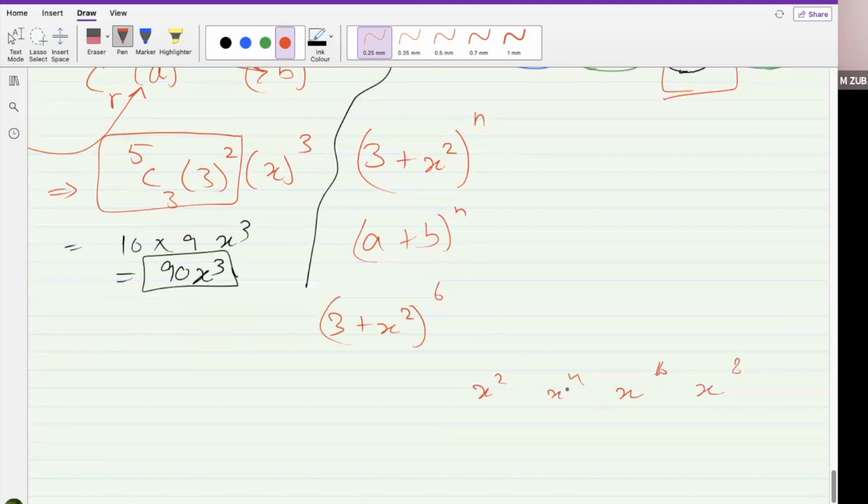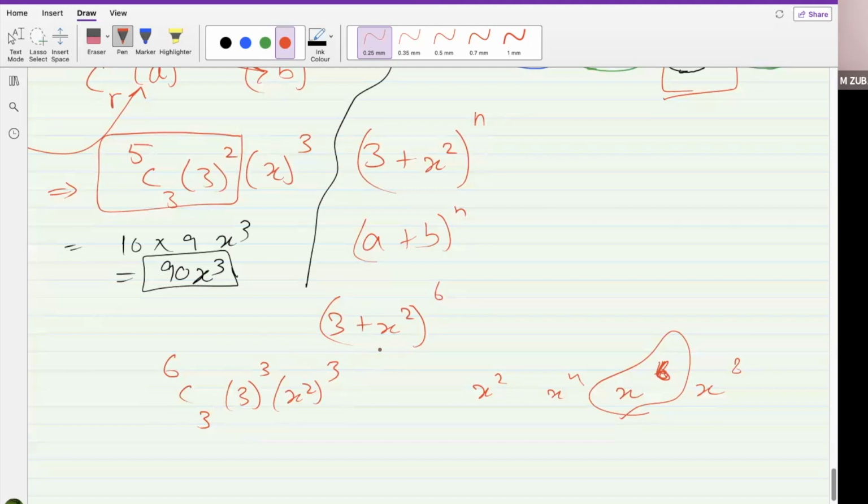So it is pretty much obvious. If the examiner asks you about the coefficient of x power 6, we know it will only make 6 when we use 3. So 6C3, a to the 6 minus 3, and b to the 3. This will give you the coefficient of x power 6.